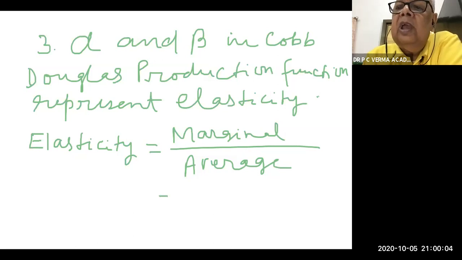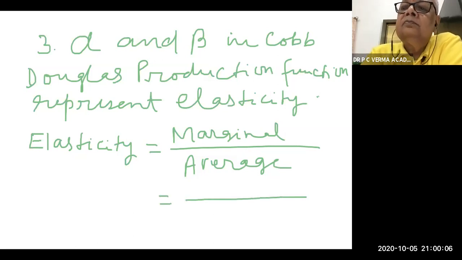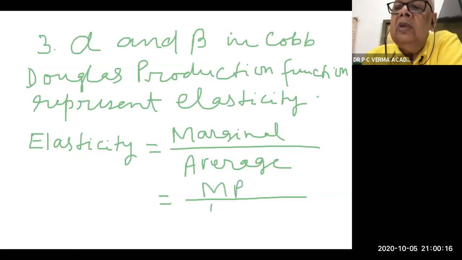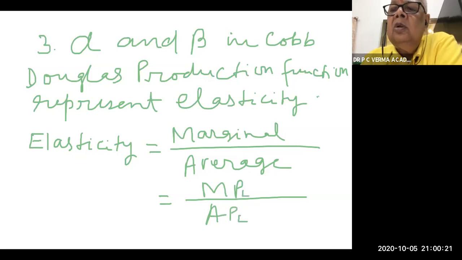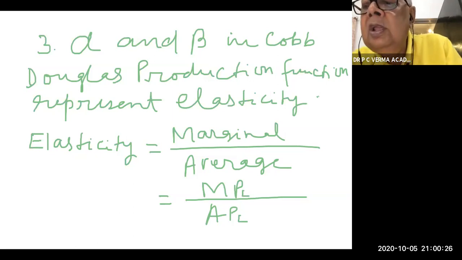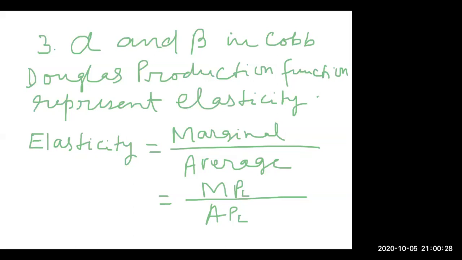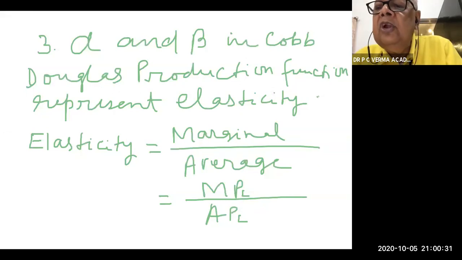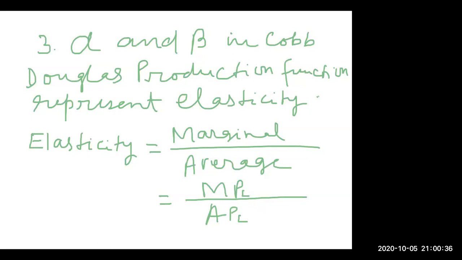Then we have marginal productivity by average productivity of labor. Put it in this equation: marginal productivity of labor by average productivity of labor. That means we are going to find out the elasticity of labor, alpha.